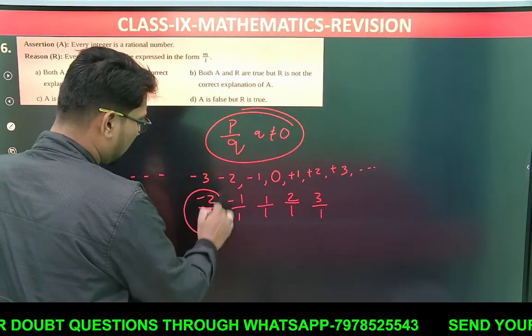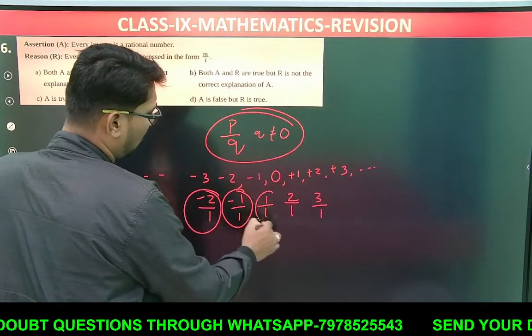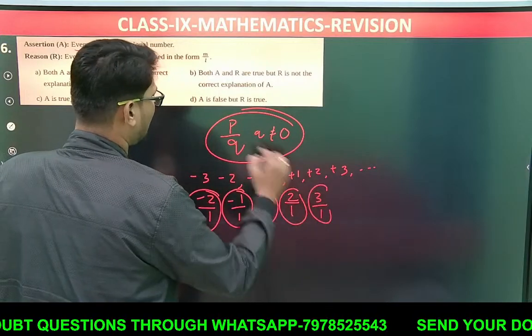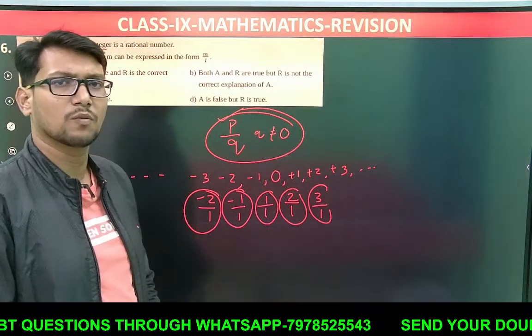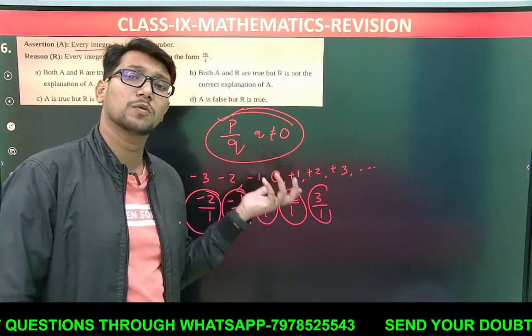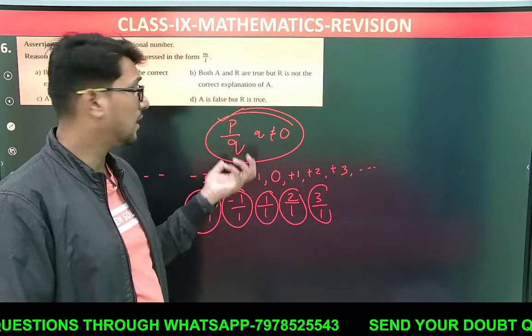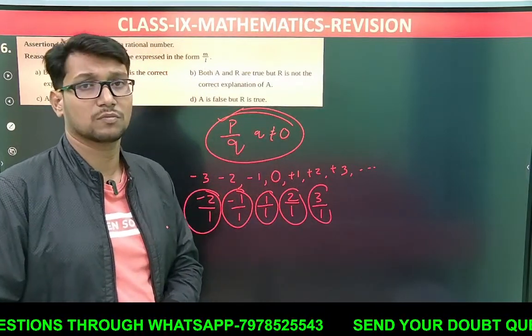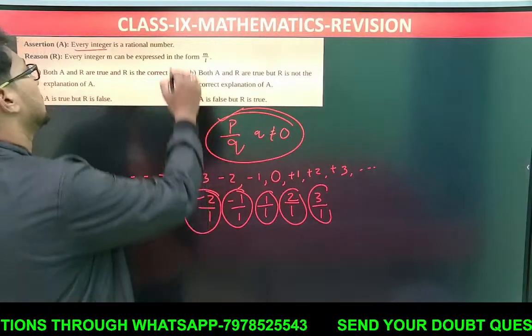So I have written all these integers in P by Q form, where P is the numerator, Q is the denominator, and Q is not equal to 0. So therefore this is correct.